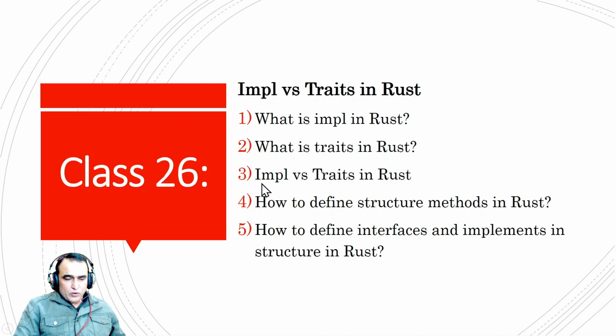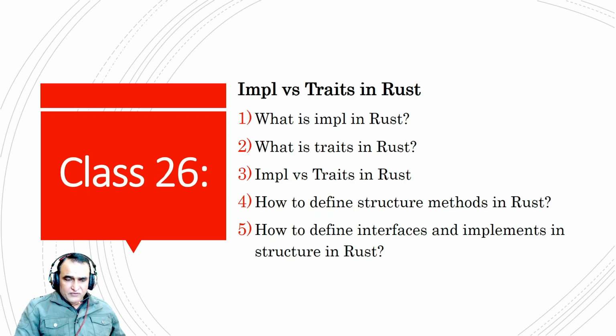So remember the difference between impl and traits. The difference is that in impl we define the methods for one simple structure, but by using traits, firstly we define a template in which we have methods, and those methods we can attach to any structure. Remember that. So impl is used to define methods for a single structure, and traits are used to define methods for all kinds of structures which you are going to use.